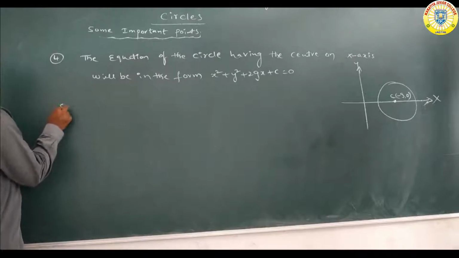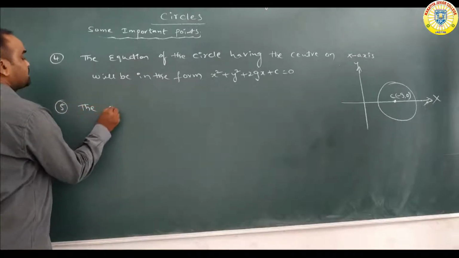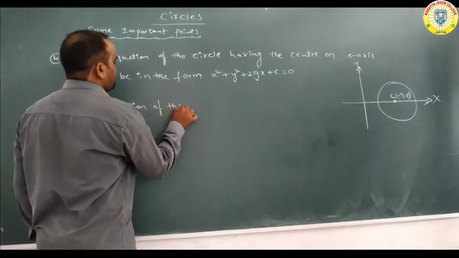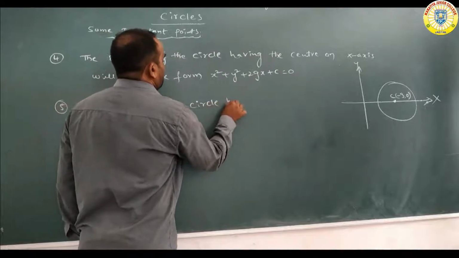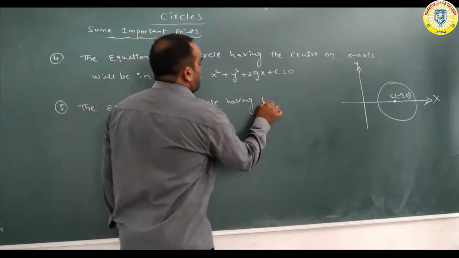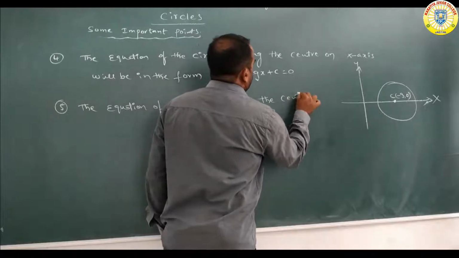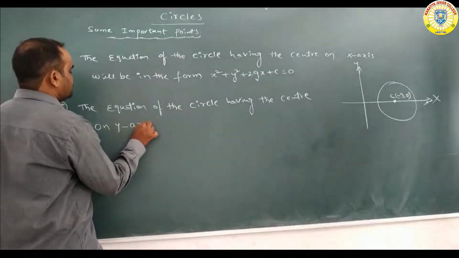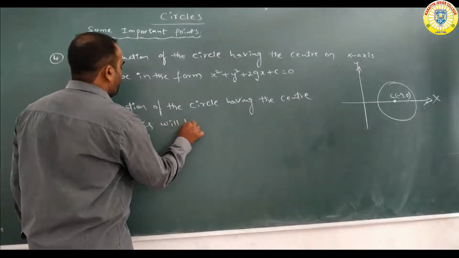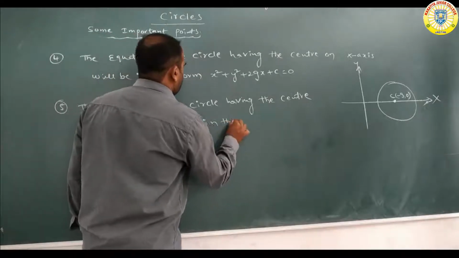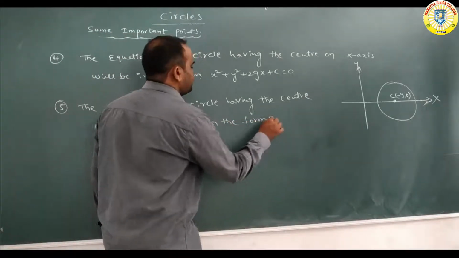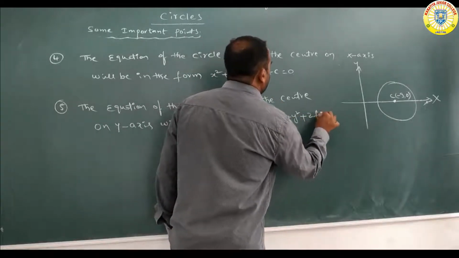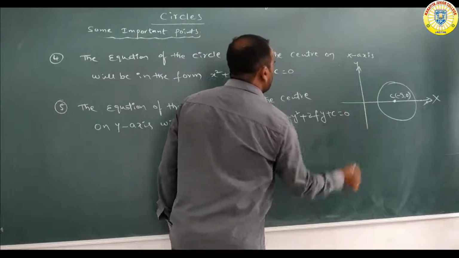Next, fifth one. The equation of the circle having the center on y axis will be in the form x² + y² + 2fy + c = 0.